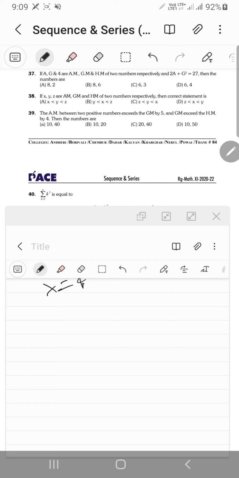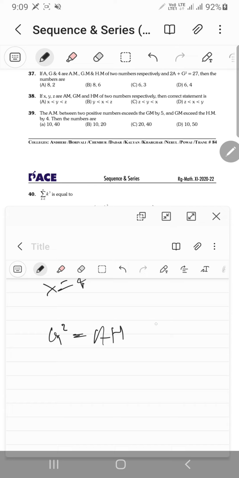If A, G, and H are, wait. A, G, and 4 are, why 4 of what? Okay, so 4 is the value of H, and 2A plus G squared equals 27, then the numbers are in. Okay, that's weird. So you need to find what A and G are and then find what the numbers are, right? So already you know that G squared equals AH, right? Yes, that's correct.